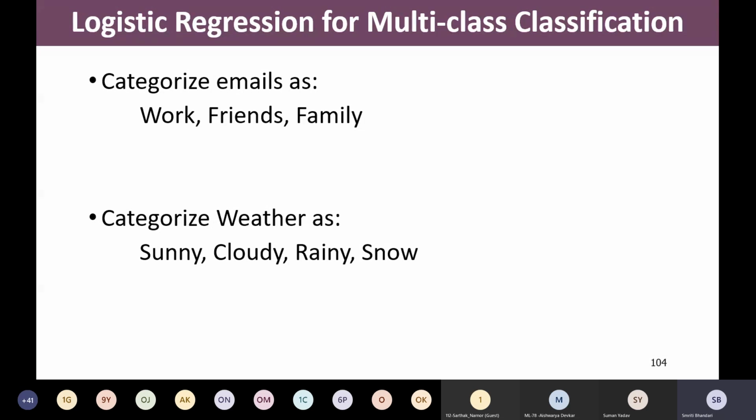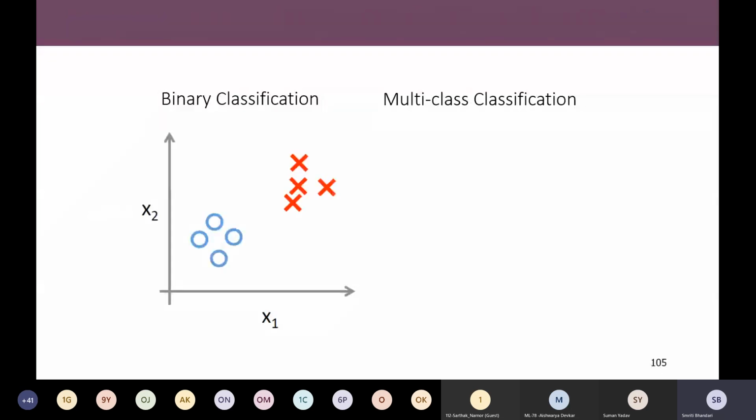Similarly, if we want to categorize the weather, whether it is sunny, cloudy, rainy, snowy, this is once again a multi-class classification problem. Now, whatever discussion we had so far was related to logistic regression as a binary classifier, right?